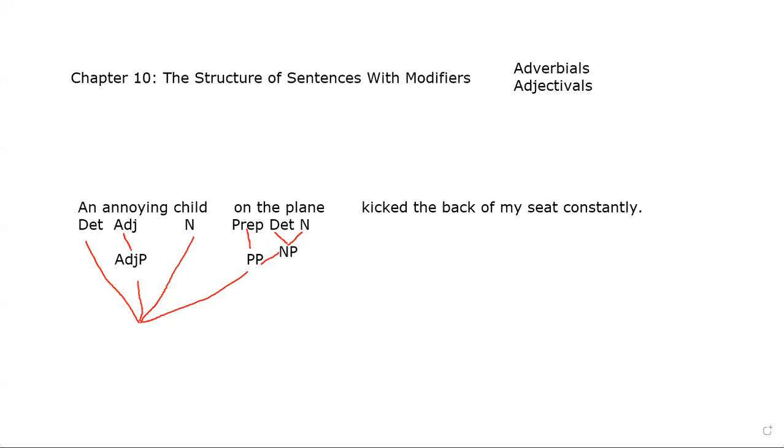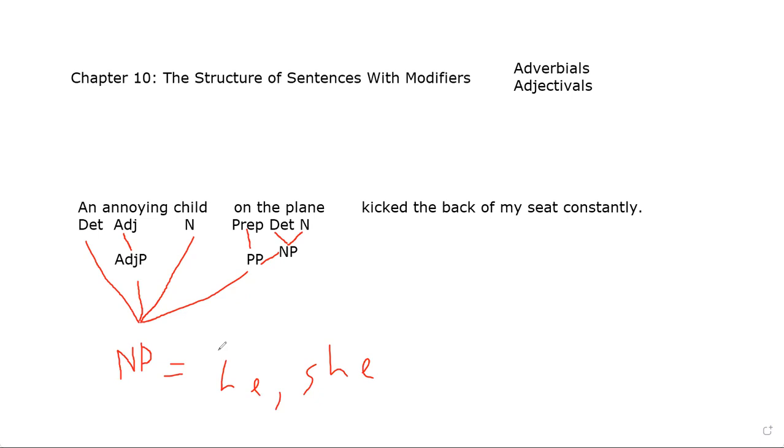I think a more accurate visual representation of what's going on would show us that the determiner, the adjective phrase, and the noun child fit together with the prepositional phrase, and all together we have a single noun phrase, right? And that single noun phrase is what we would replace with a pronoun like he or she, right?